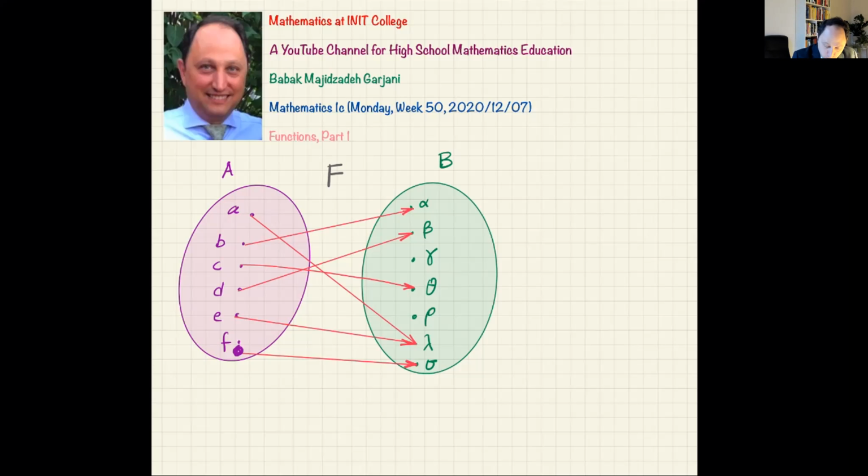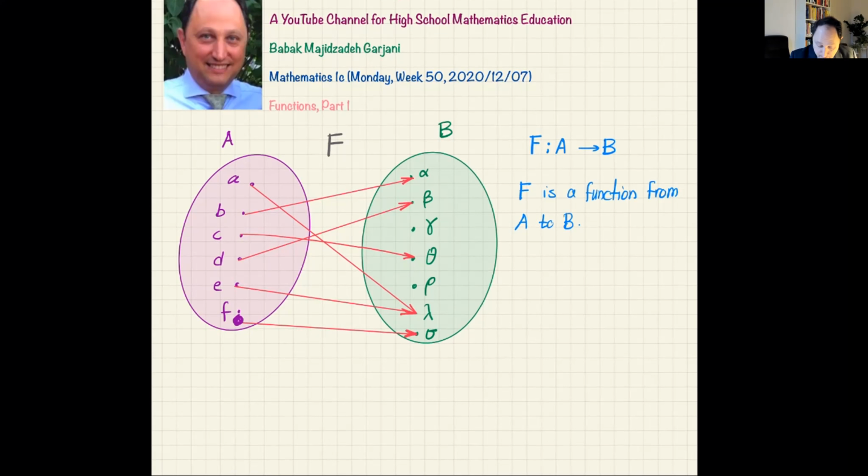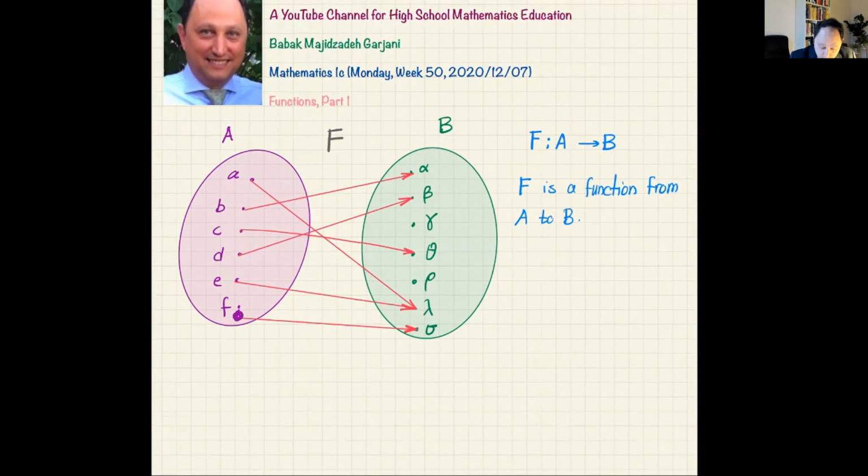If I want to write more explicitly, I would say that f is a function from A to B. Okay, and then I can ask you in this way.